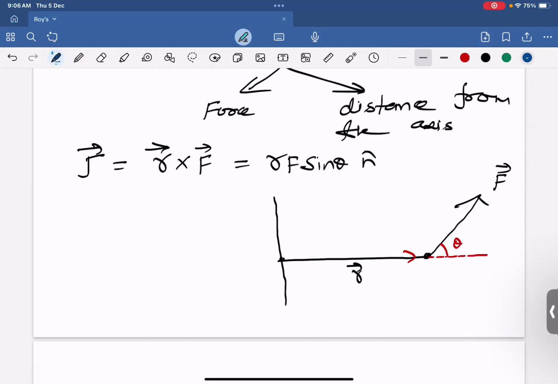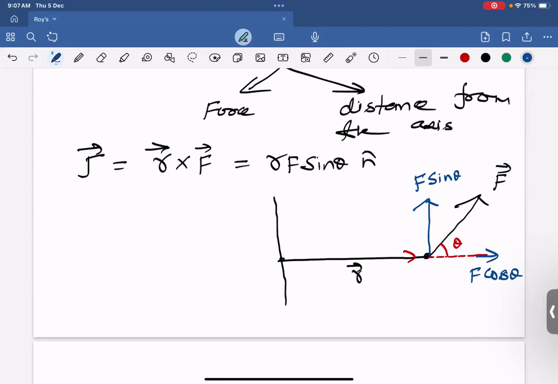So you can take two components of force: F cos theta and F sin theta.